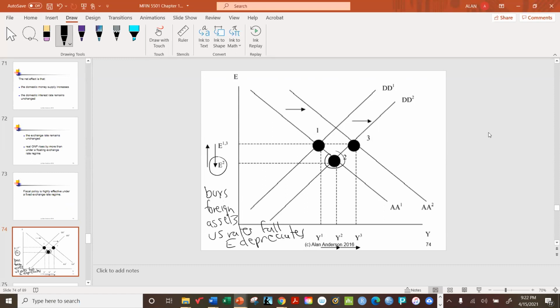And as we've already seen, an increase in the domestic money supply causes this curve to shift to the right. So this is expansionary fiscal policy.